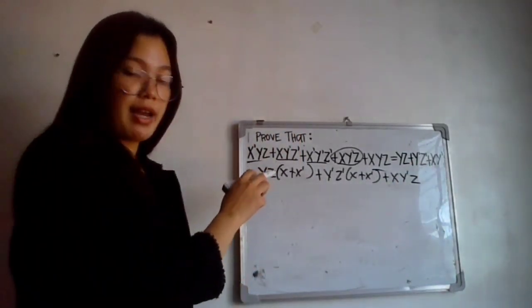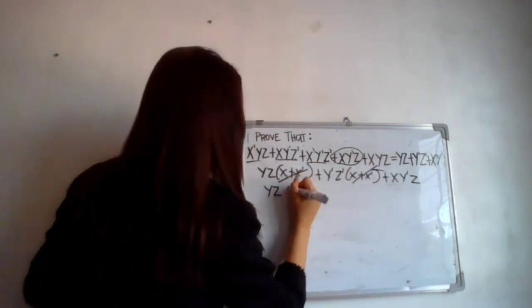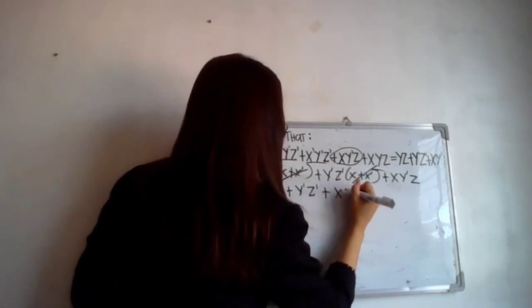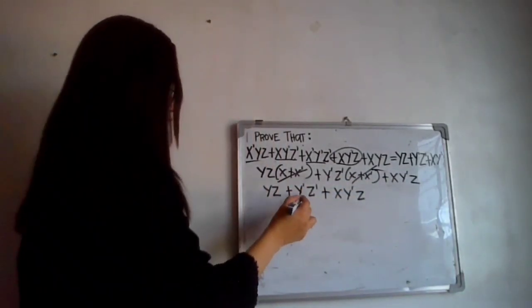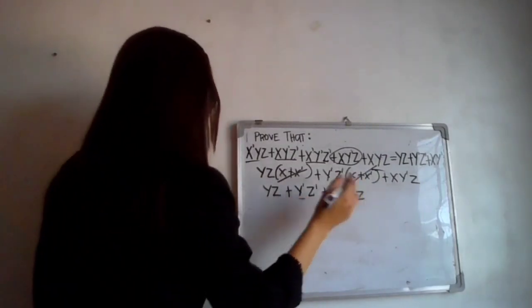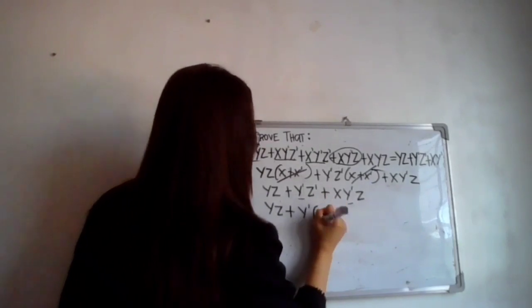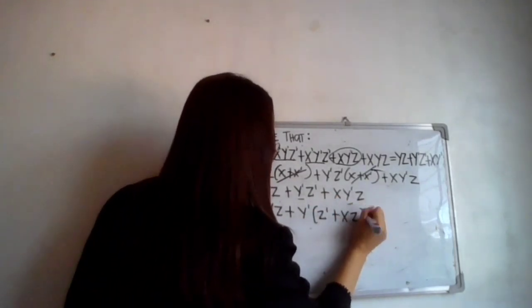Since x plus x' is equal to 1, we are only left with yz plus y'z' plus xy'z. There's a common term here which is y'. We can write it as yz plus y' times the quantity z' plus xz.